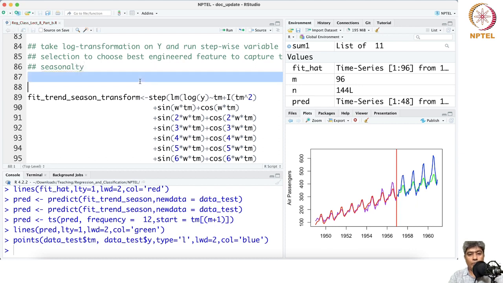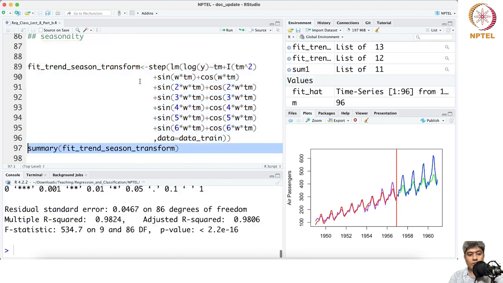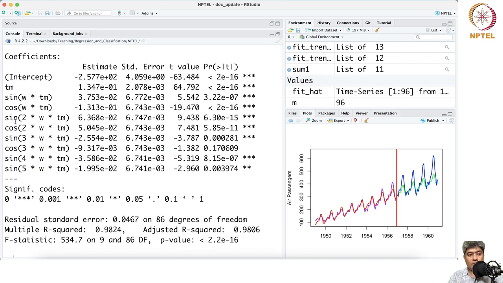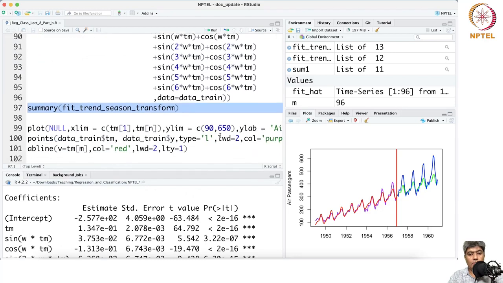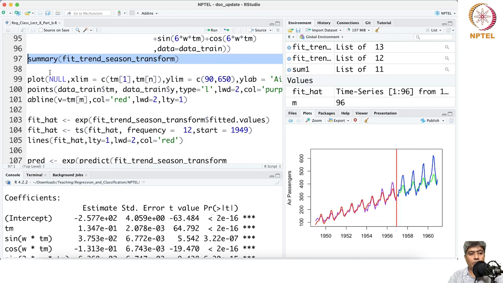Okay, so let me just run this. So you can see sine, cos. Now all the cos terms of fourth and fifth order are being dropped. Okay, and sine 6 and cos 6 are also being dropped.